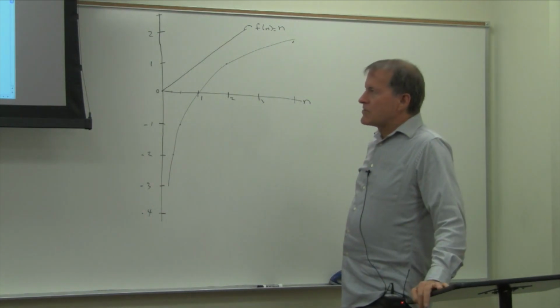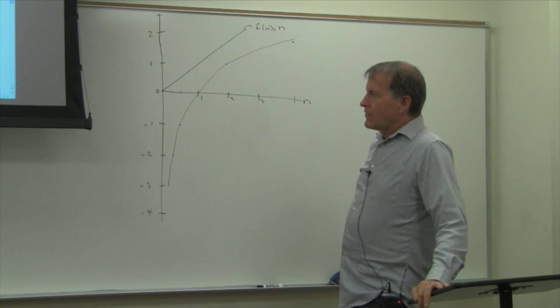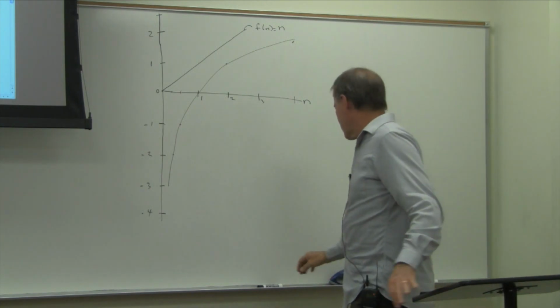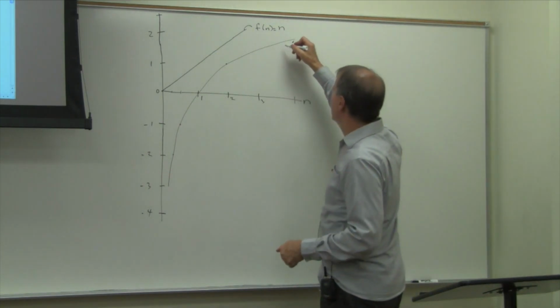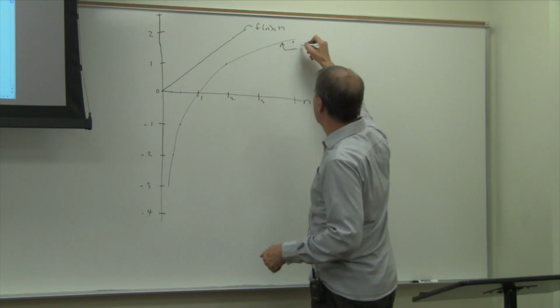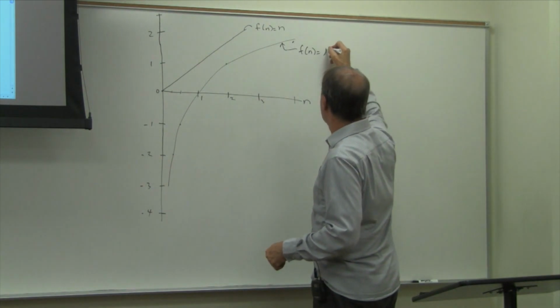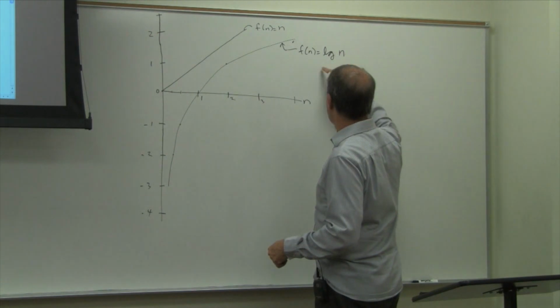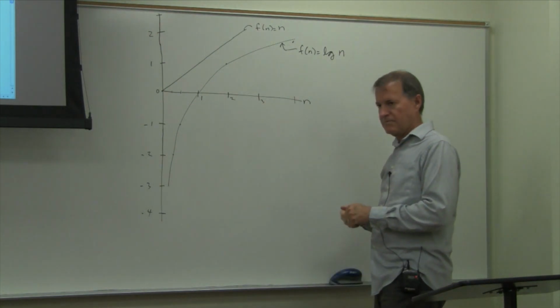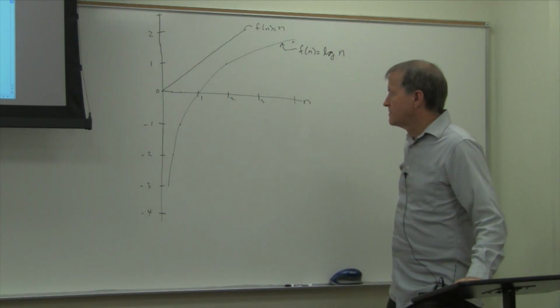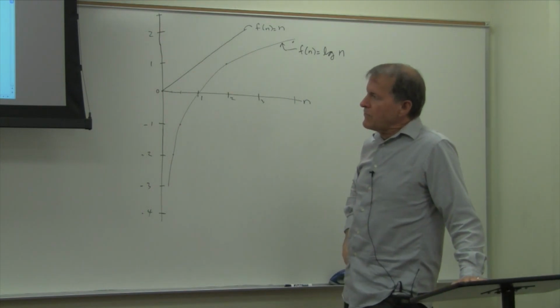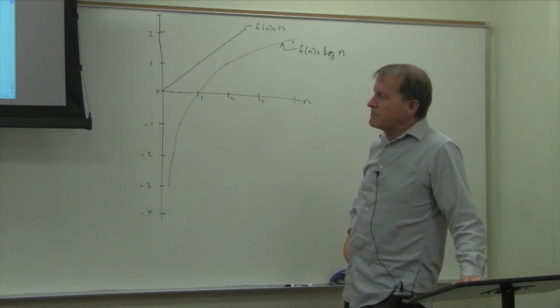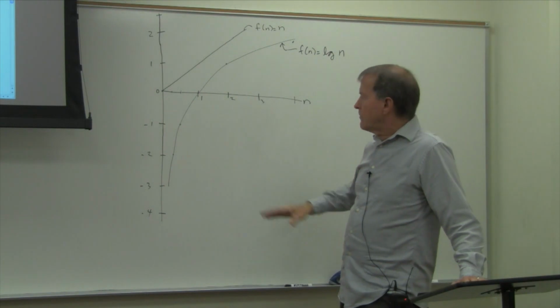So for what values of n is log n greater than 0? This is log n, right? And lg is log base 2. For n greater than 1.